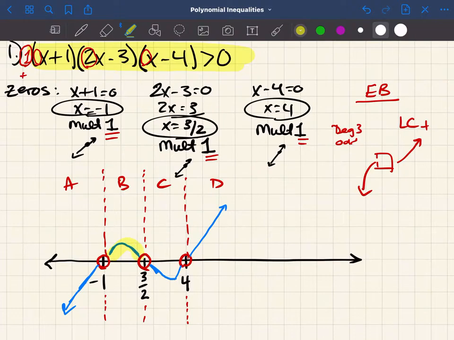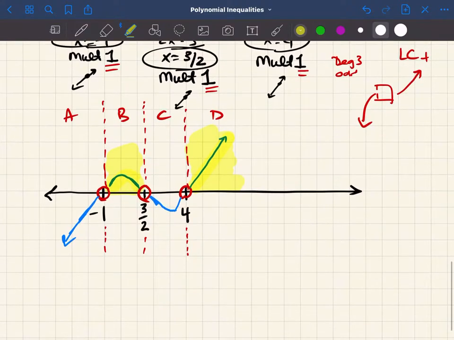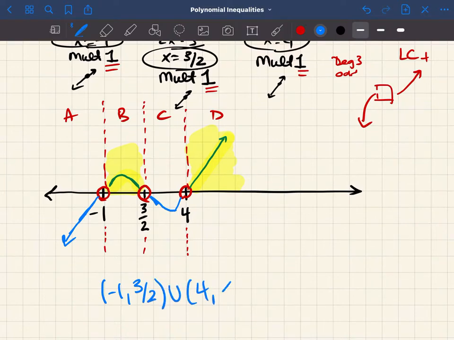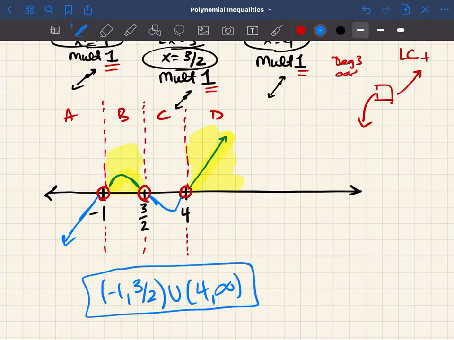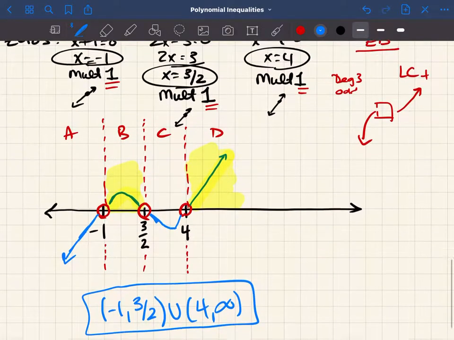Well, that's going to be in section B and in section D. So if we focus on these two sections, what x values correspond to those sections? And we find that our solution is going to be from -1 to 3 halves, and then from 4 to infinity. So that is our answer to problem number 1.